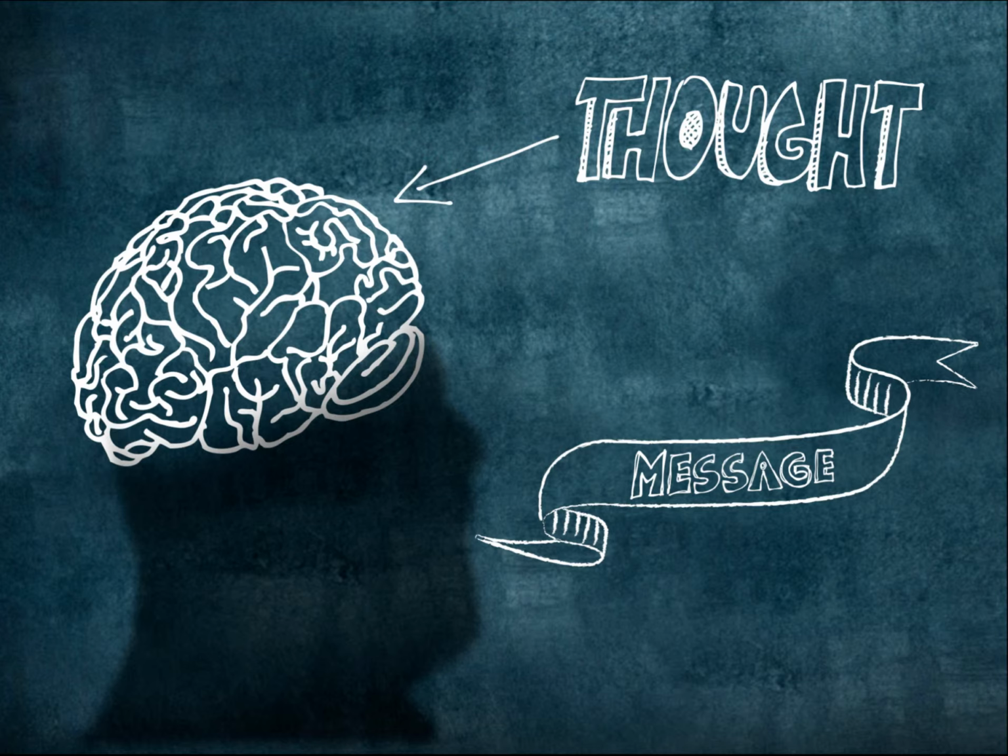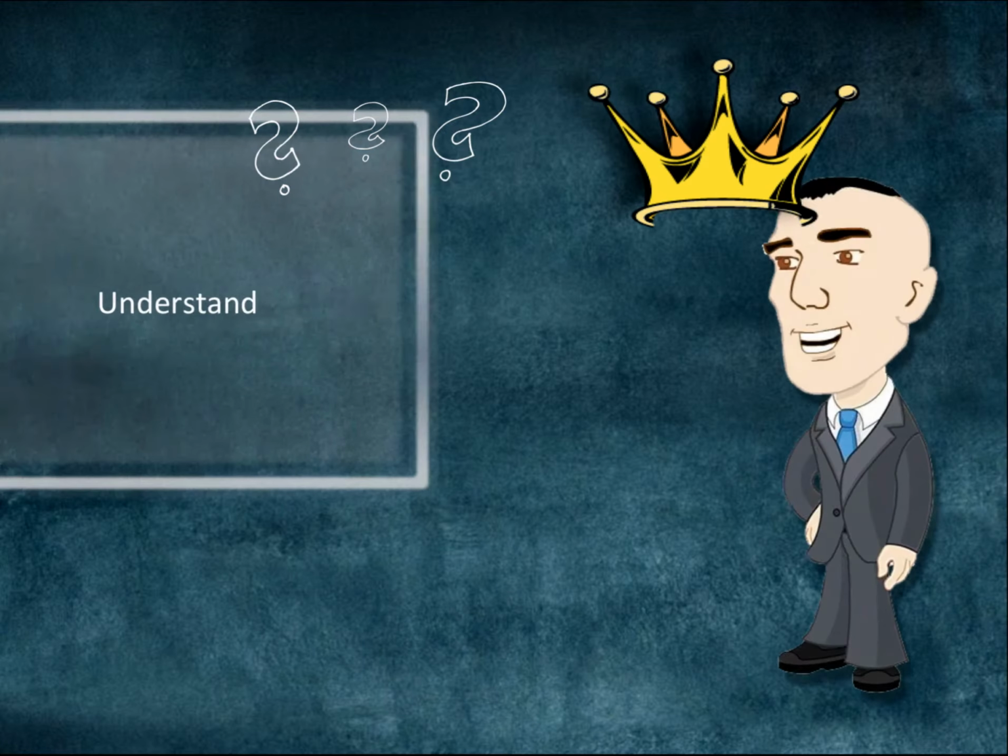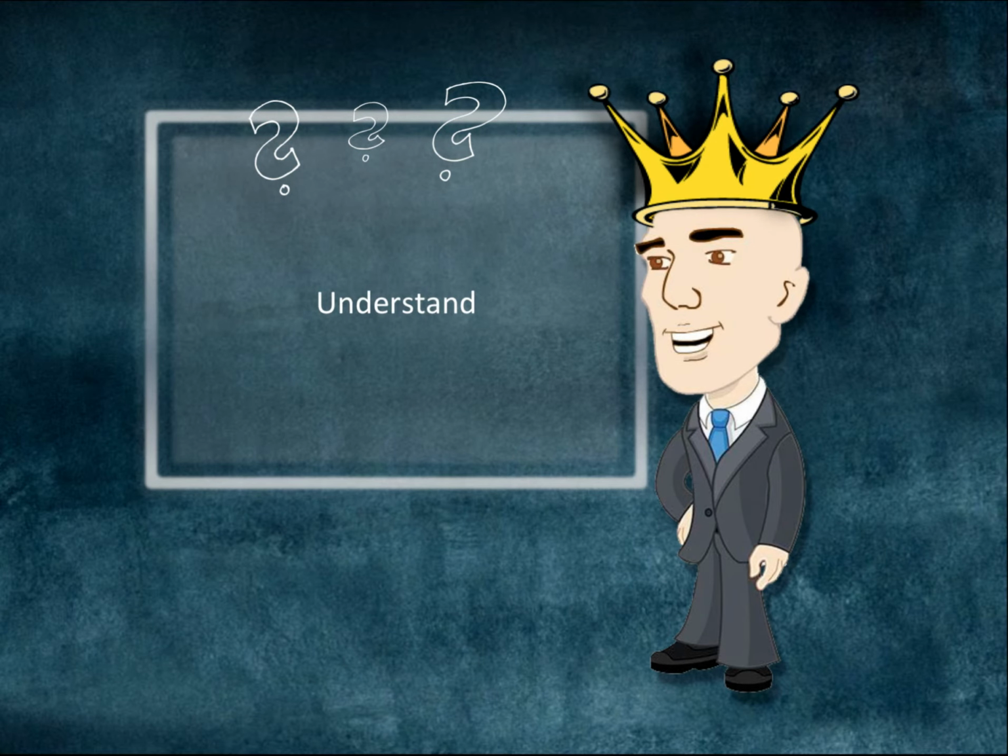Often when we write objectives, we think of what we want students to understand. The problem with understanding is that it is too broad and it's not measurable. How do you measure understanding? That is why, when you write your objectives, think of measurable behaviors or actions.